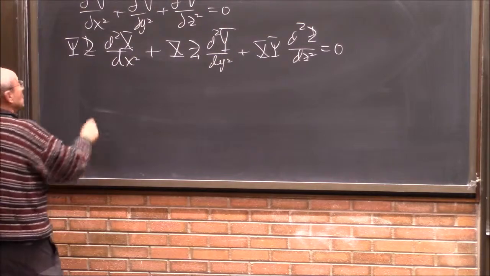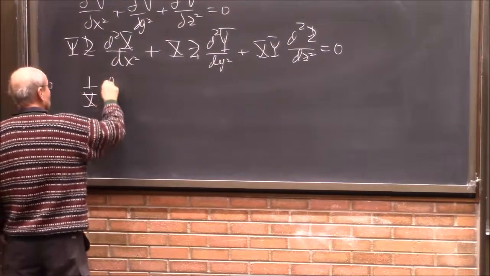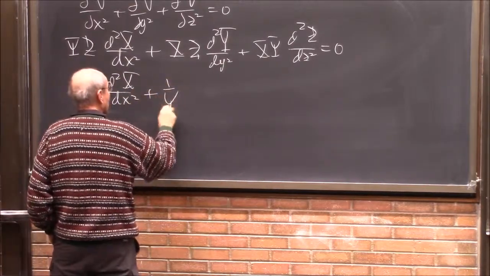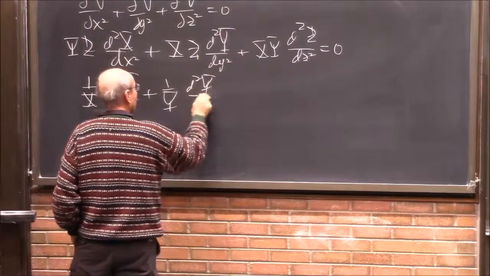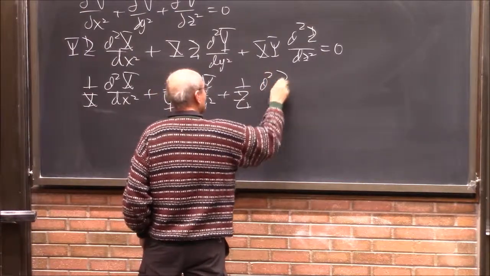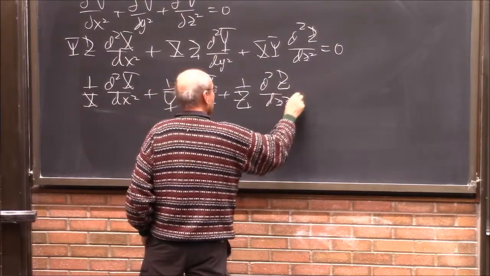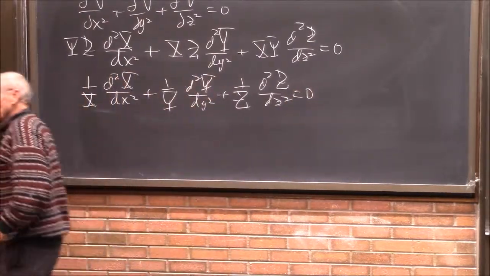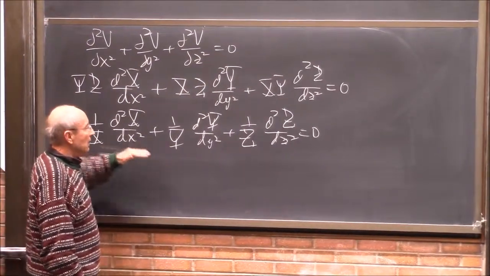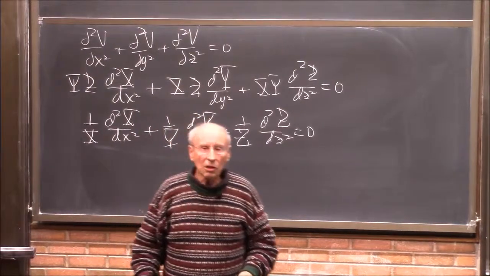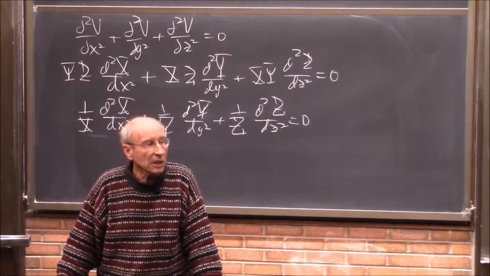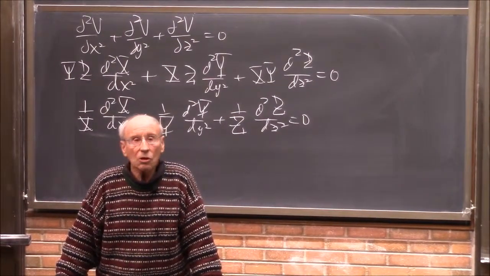And when you divided by x, y, z, this became d squared x dx squared times 1 over x plus the corresponding y and z terms equals 0. And then we observed that since each term is a function only of x, only of y, only of z, the only way that that sum can equal 0 for all values of x, y, and z is if each of those individual terms is a constant.